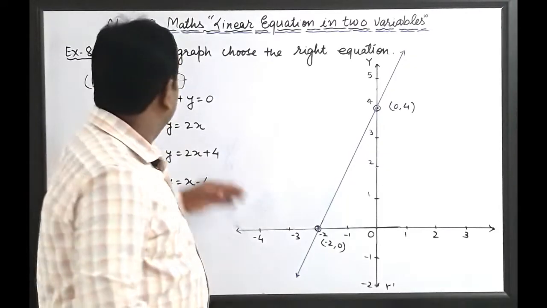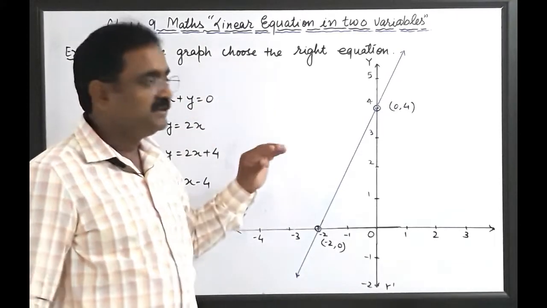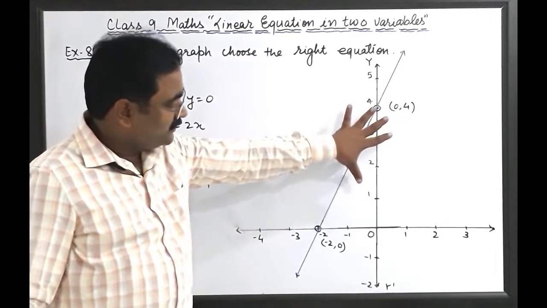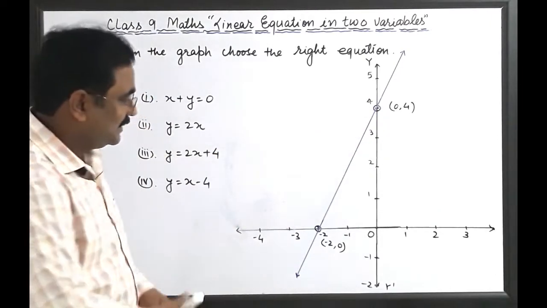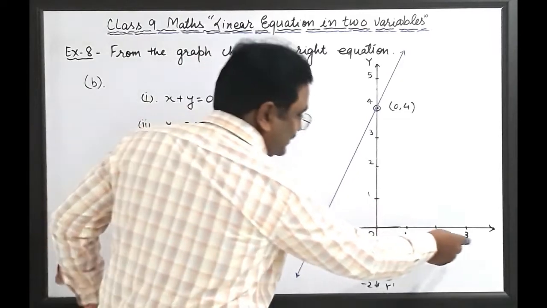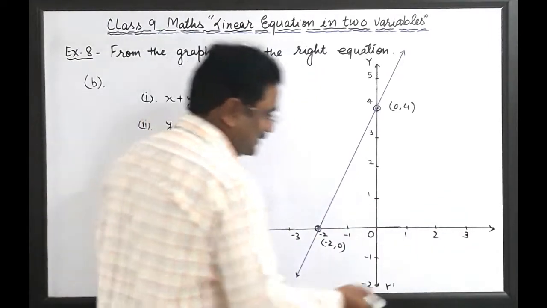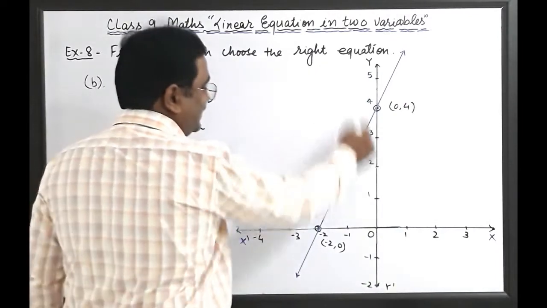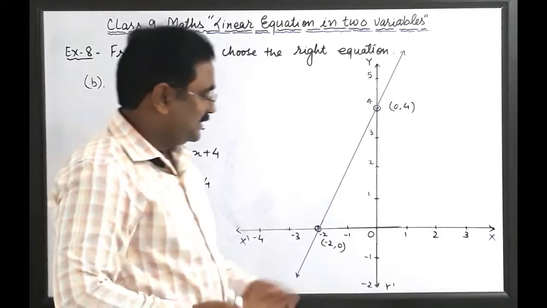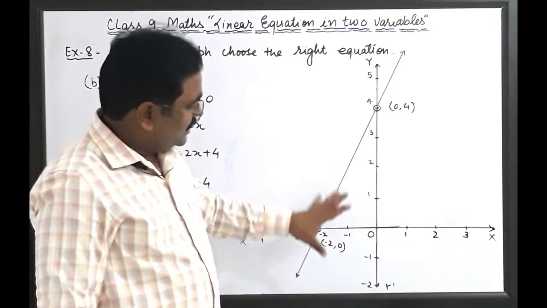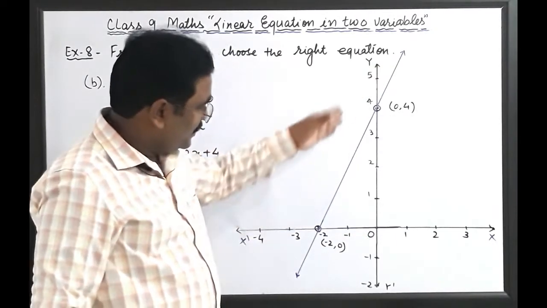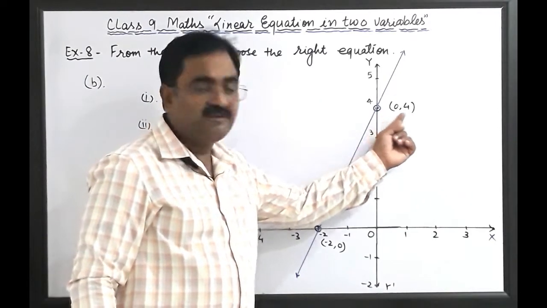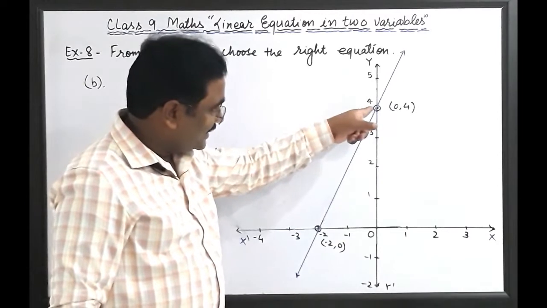Let us see the same question, but the question is the second part of it. In this, the graph of the line is given, and this line in this Cartesian system, x o x dash, this is the x-axis, and this vertical line is the y-axis, intersecting at the origin. The line passes through the point (0, 4), meaning x is equals to 0 and y is equals to 4, which lies on the y-axis.